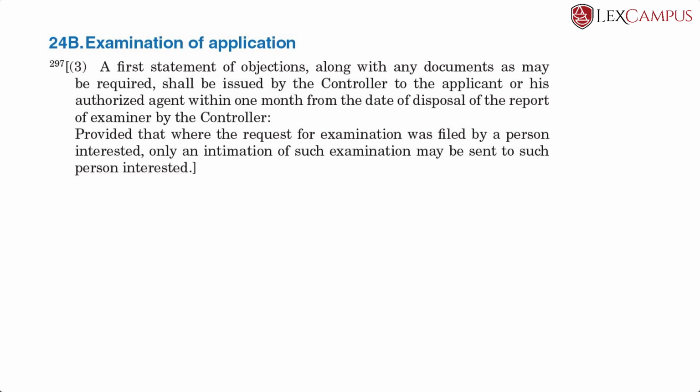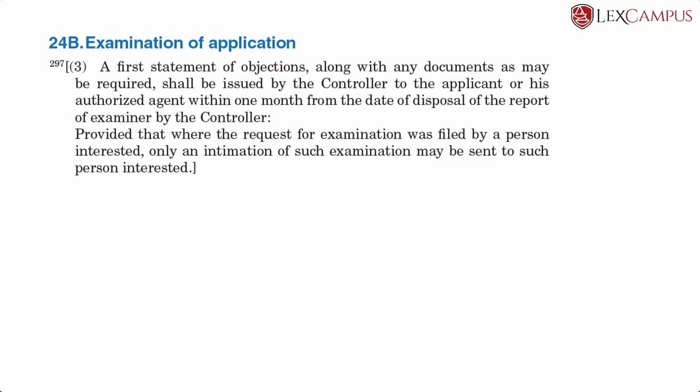One of the reasons for giving the right to file the request for examination could be that upon failure to file the request for examination, the application will be treated as withdrawn by the applicant. Whereas when a request for examination is filed either by the applicant or by an interested person, and then the applicant fails to respond to the first statement of objections, the application will be treated as deemed to be abandoned.